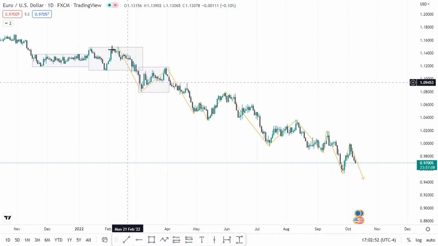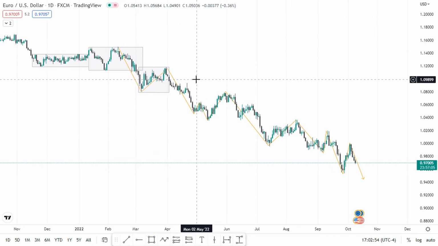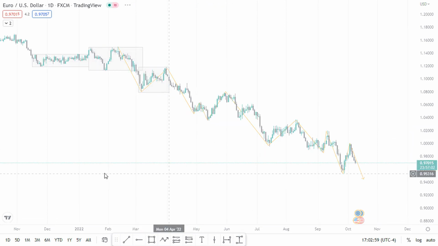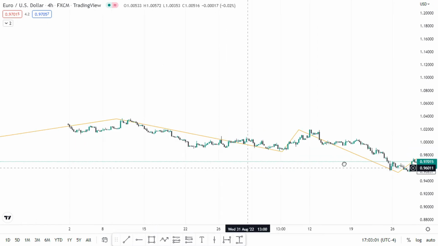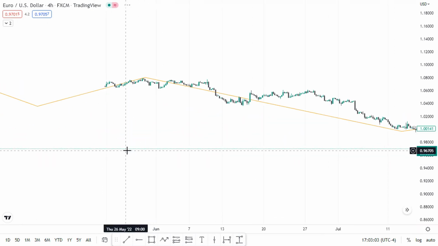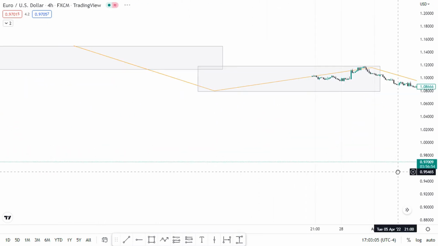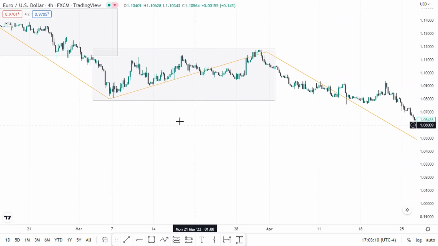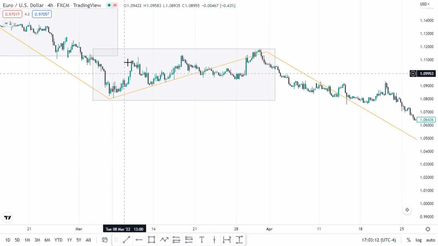So we realize the overall market was in a downtrend, but if we then go on the 4-hour time frame, what you realize is the market was actually in an uptrend.